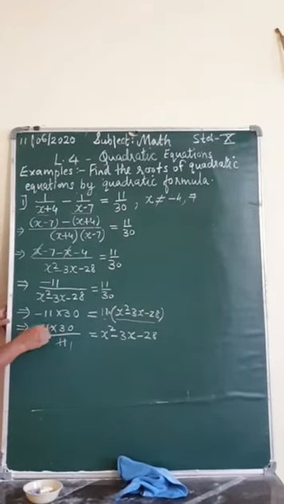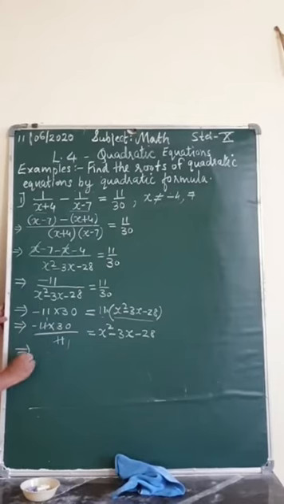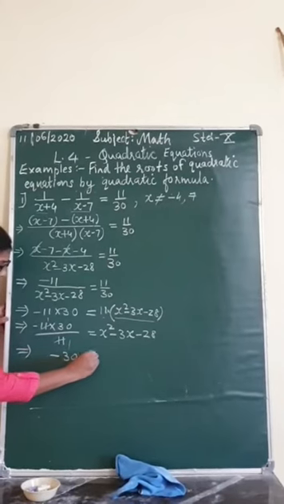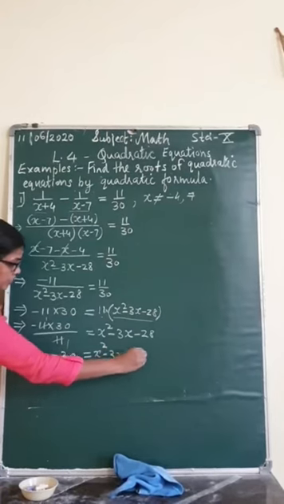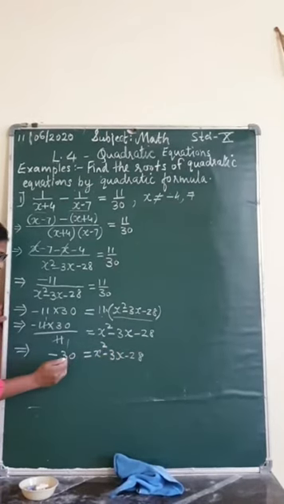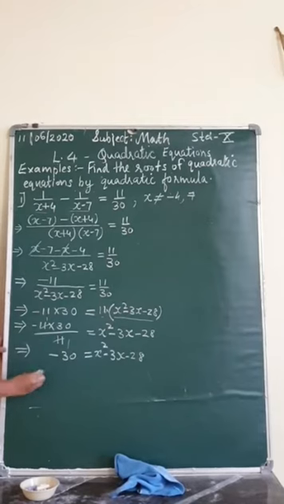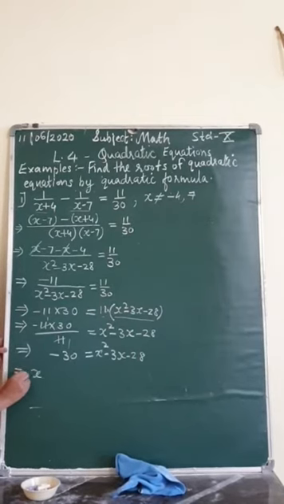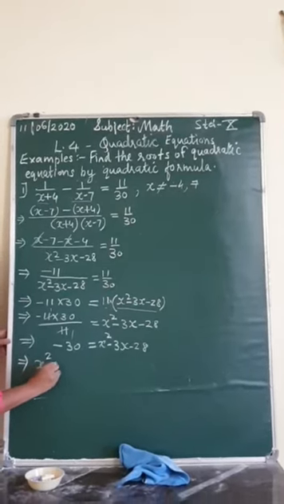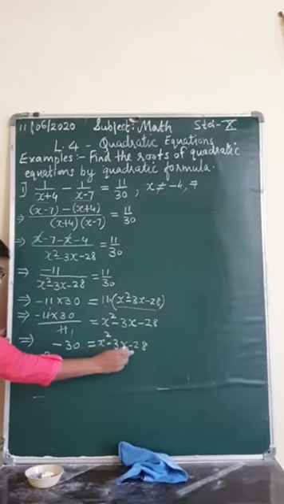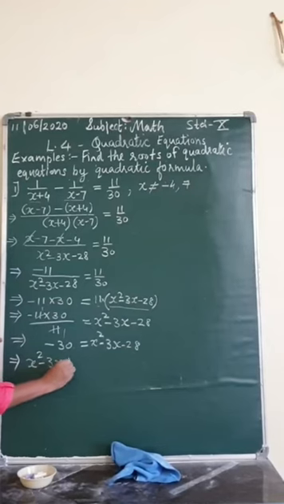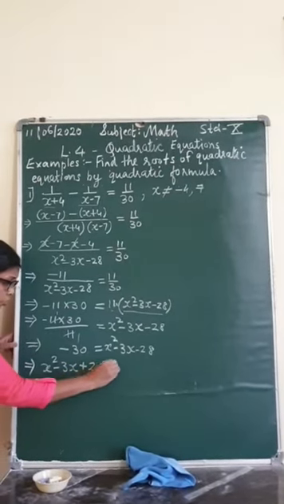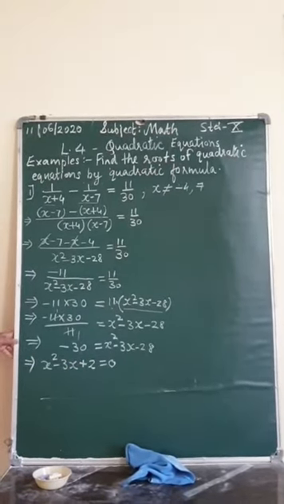So here we get minus 30 is equal to x square minus 3x minus 28. Now if you bring this 30 to this side, that gives us the quadratic equation x square minus 3x minus 28 plus 30, which becomes plus 2, is equal to 0.